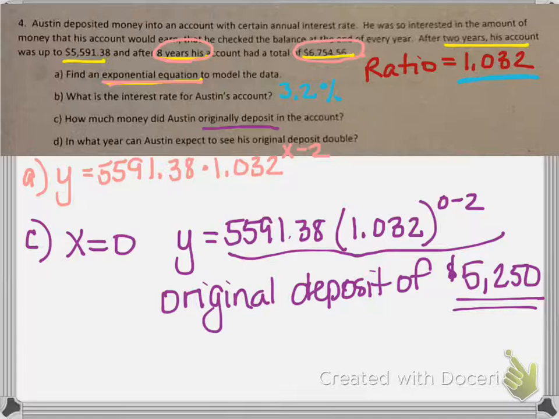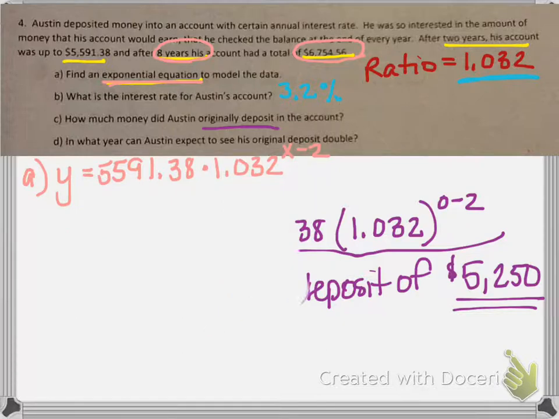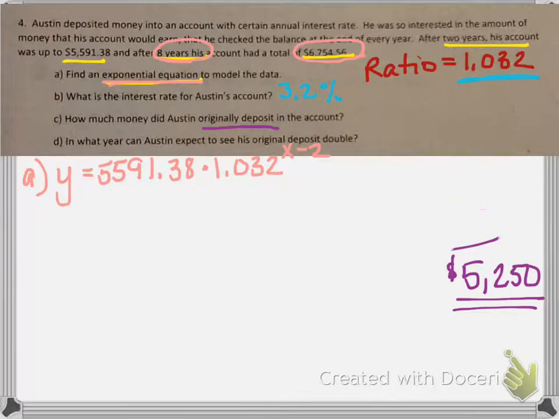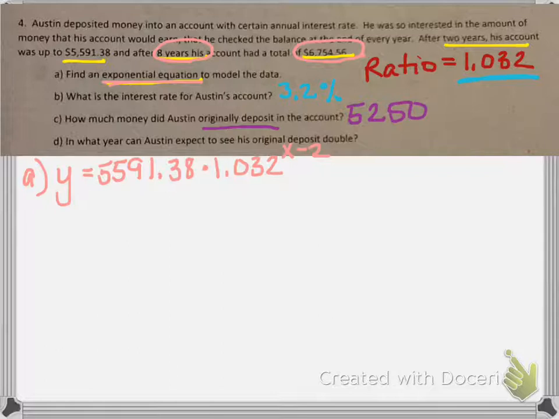Again, I would say let's put this equation into your calculator, scroll up and down your table until you find out when the amount in his account will double. Let's do a little bit of legwork first so that we know what we're looking for. His original deposit, $5,250. So let me just make a note of that.